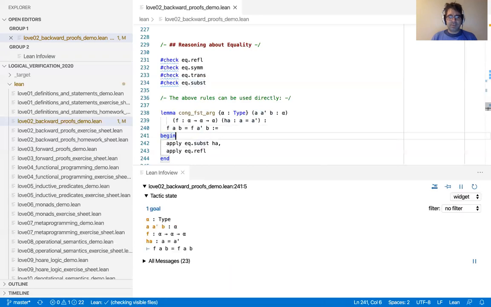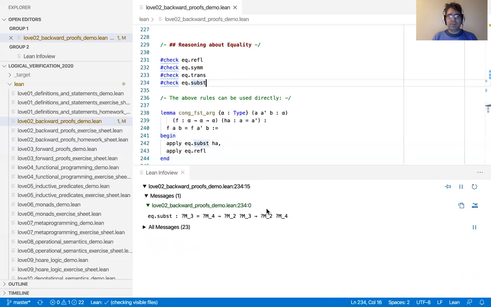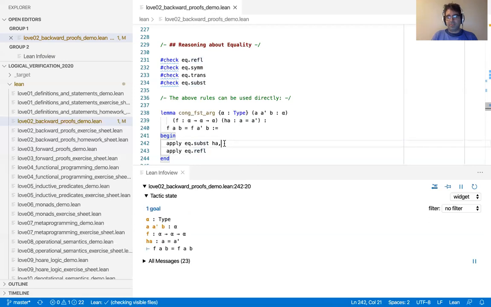Well, here we use that equality. The equality is A equals A prime. And the context around it is F _ B, right? So this is what the M2 here represents, is F _ B, or actually a lambda term, you know, lambda x, F x B.